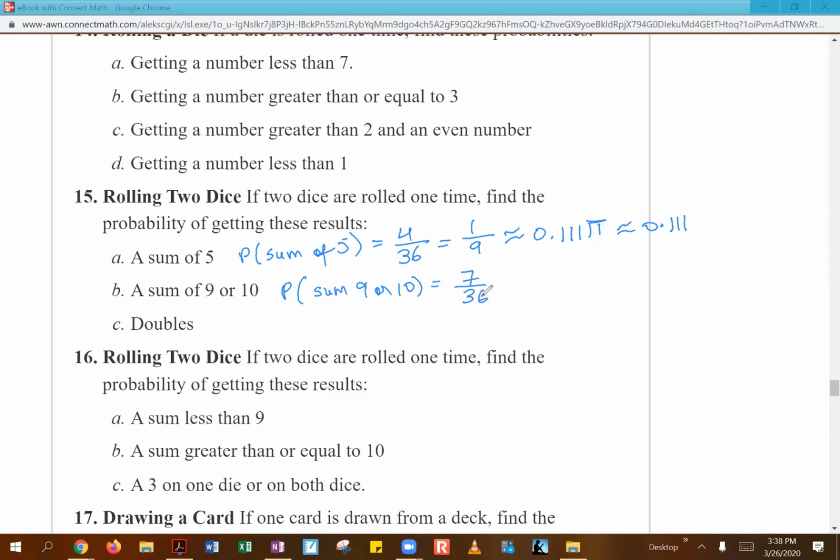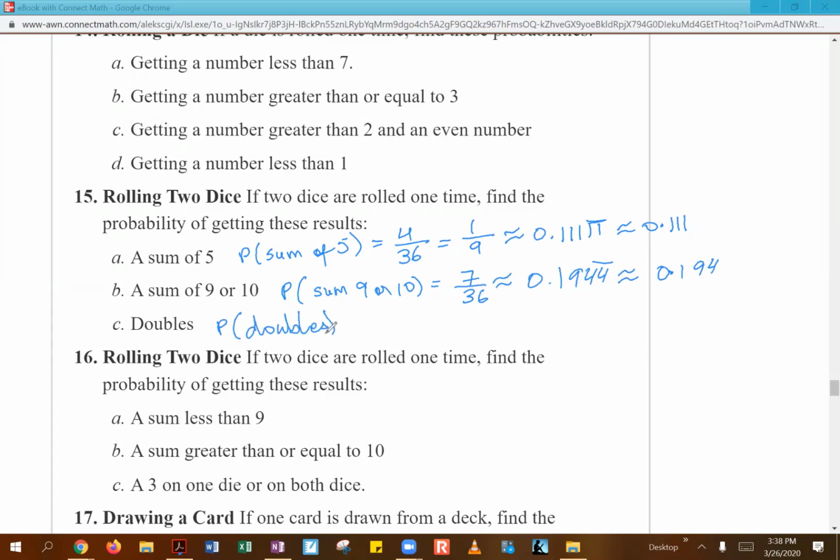And as a decimal, because of course 7 does not go into 36 evenly, this comes out to be 0.1944 repeating. So 0.194 as decimal. I would actually probably leave this as fractions, but if you really want to do them as decimals, you can.